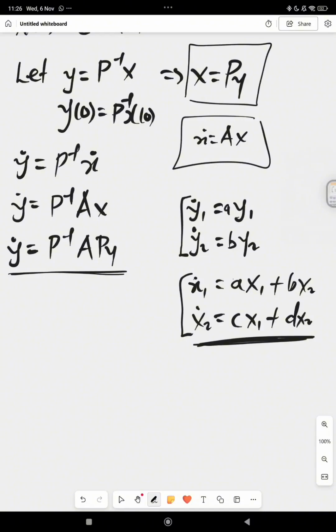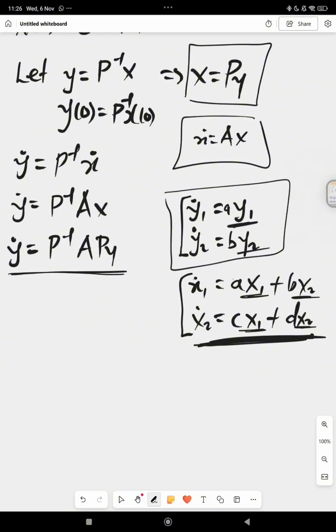So this is the coupled system, meaning it has both x1 and x2 variables in the expression. This is an uncoupled system because it has only y1 in the first equation and only y2 in the second equation.